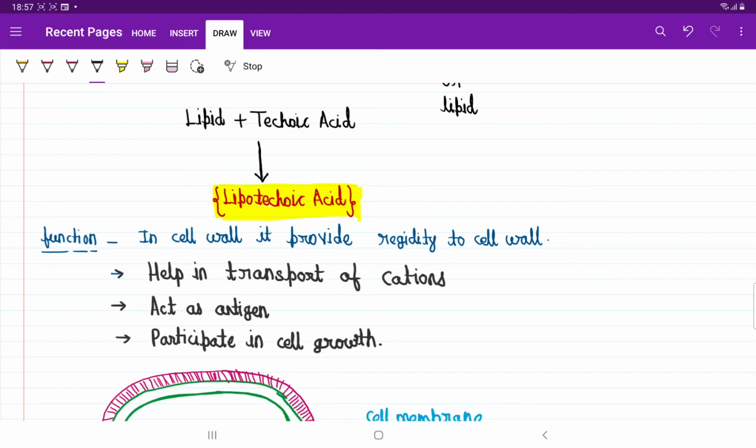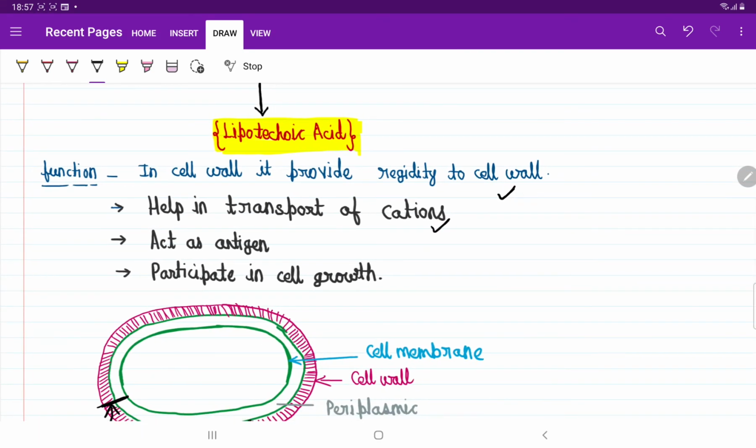It provides, I mean not rigidity exactly, whatever limited flexibility is present, that will be provided by it, and then it will help in transport of cations. And not only that, it acts as a kind of antigen, and by this antigen only we can differentiate gram positive bacteria, and it participates in cell growth.